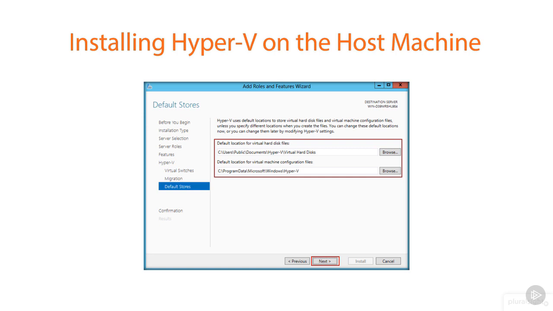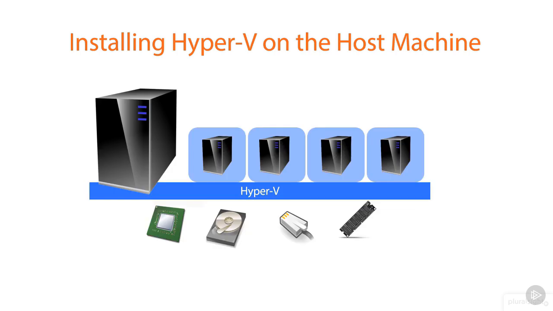So it's going to require a restart, and maybe two restarts. And what's happening during these restarts is it goes through and takes the parent OS, which is the OS you just installed, and in between it and the actual hardware, it places what we refer to as a hypervisor, which in our case is Hyper-V.